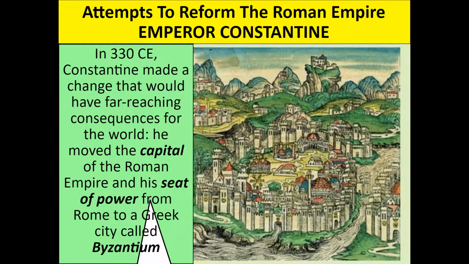And maybe the biggest thing he does is in 330 Common Era, Constantine changes the capital of the Roman Empire. He moves it from Rome, and he puts it in a Greek city called Byzantium, which becomes modern day Istanbul, or Constantinople.